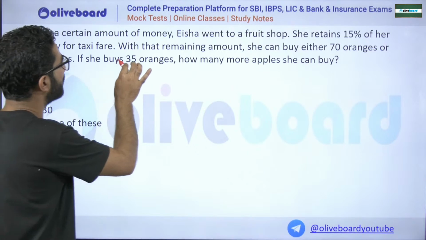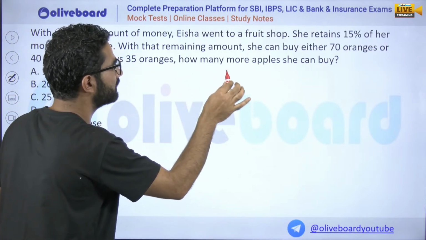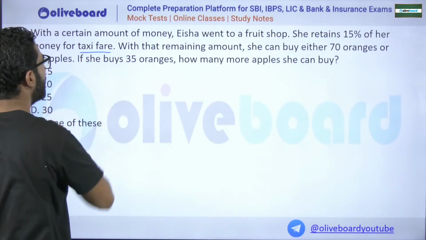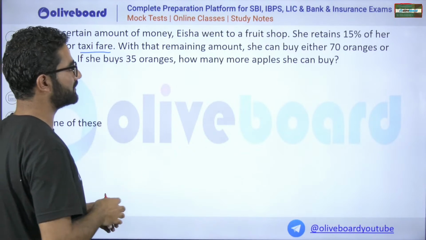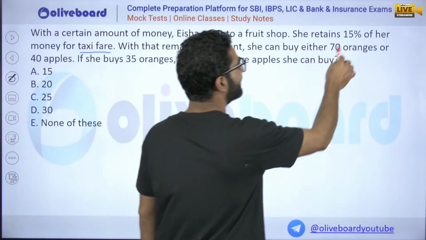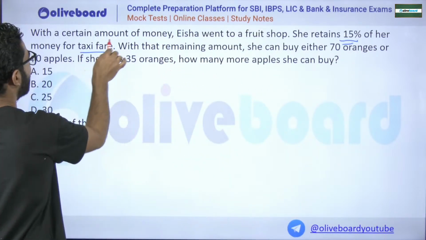A certain amount of money, Isha went to a fruit shop. She retains 15% of her money for taxi fare. Obviously, Isha went to market and thought that she has to return back, so she reserved 15% of the total money for taxi fare.